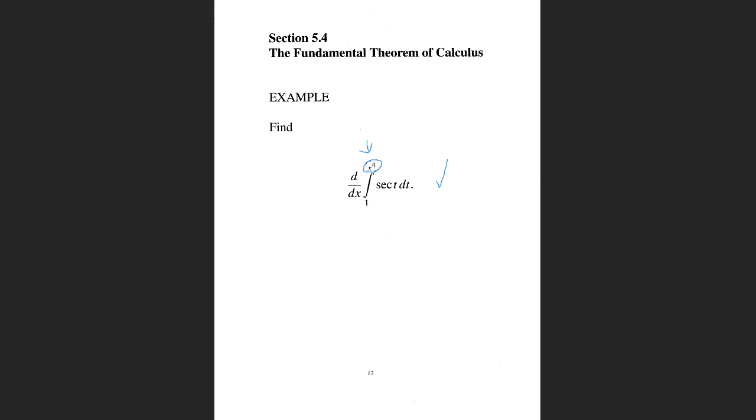And by the way, does it matter what the bottom number is? Like I have a 1 here, but if I had instead a 7 or a 2 or a 3, does the bottom number matter at all? Is that constant limit on the bottom going to affect our answer?